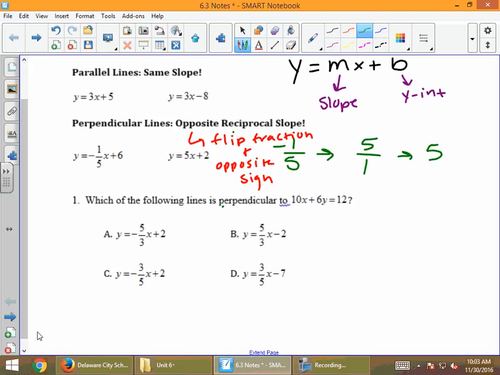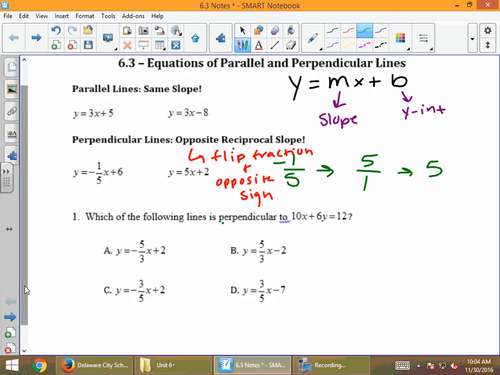So this first example, we want to figure out which of the following lines is perpendicular to this line. 10x plus 6y equals 12. Well, again, all we care about is the slope to determine if they're perpendicular. To figure out the slope, we need to take this line and write it in this form. y equals mx plus b. What do you notice?